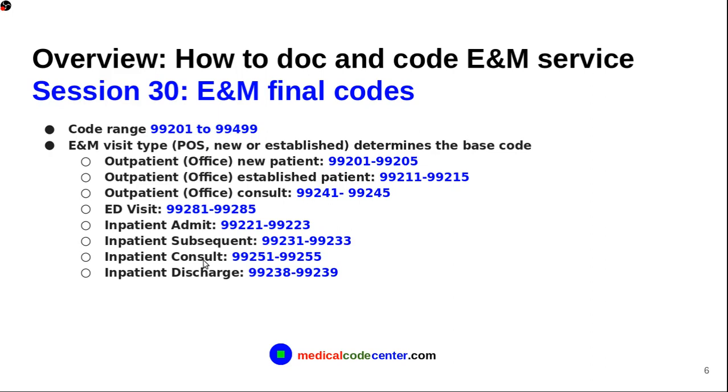For the inpatient consult, again, it's 5 levels. And for inpatient discharge, it's 2 levels. The first level is 99238, and the second level is 99239. Again, I just want to stress that E&M code is 5 levels based, and the E&M visit will determine the level 1 code, the base code.